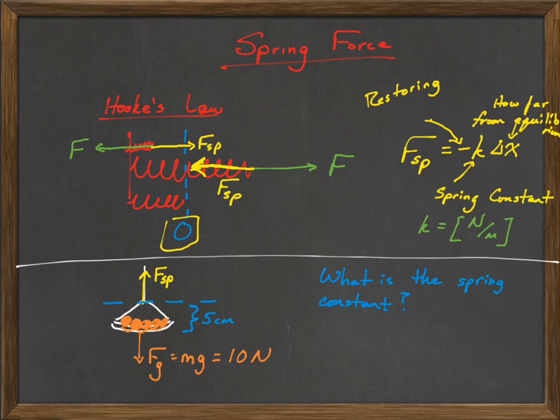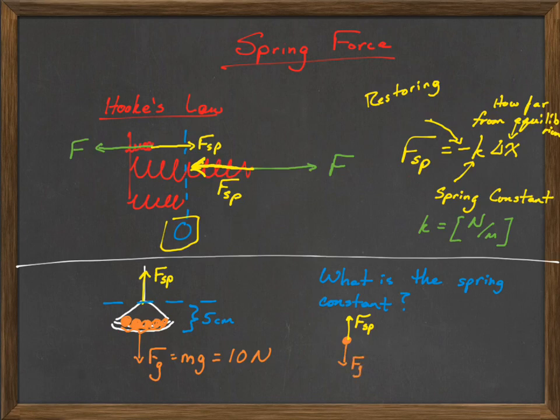All right, so if we look at a free body diagram of this, you have the object, you have the spring force pulling up on the object, and you have the gravitational force pulling down on the object. Now, these objects came to rest.